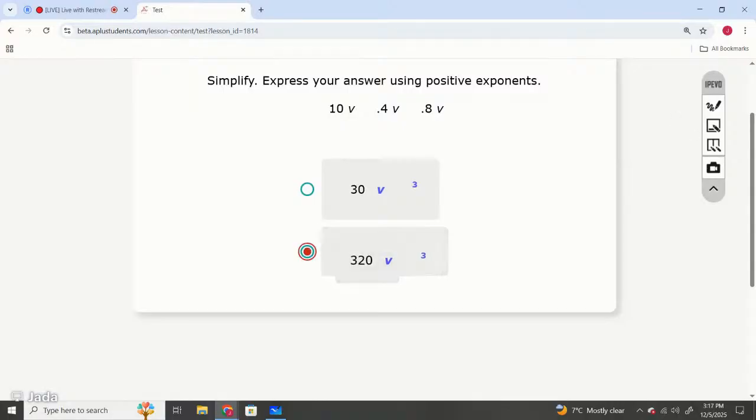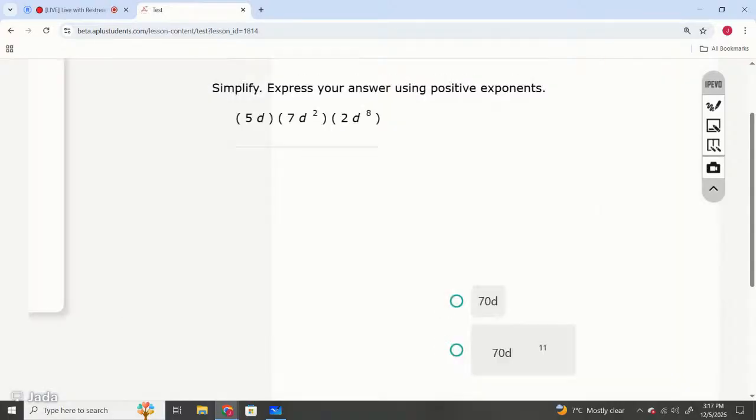That is 320v cubed. Option number 2 is the correct option.